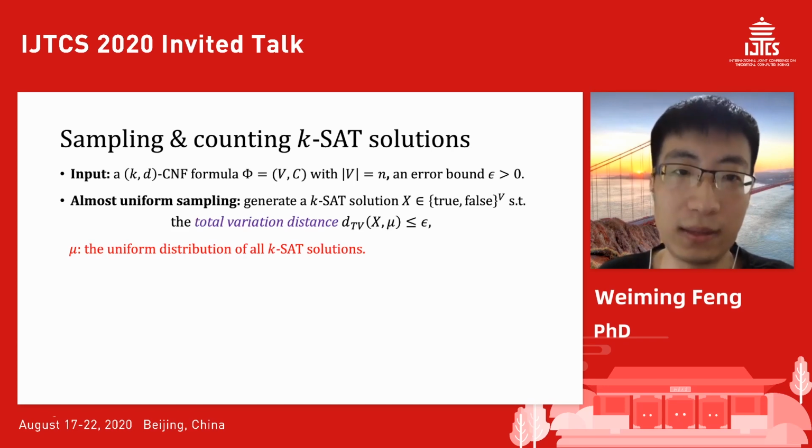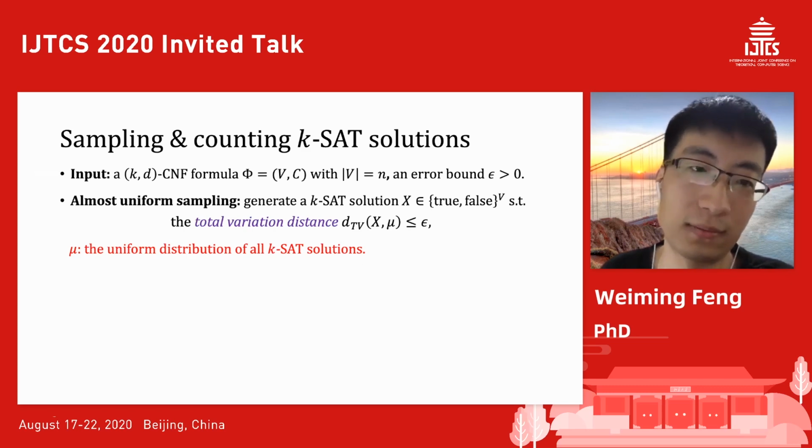The input is a CNF formula phi. When sampling, the algorithm needs to draw a random solution that is almost uniformly distributed over all SAT solutions. Specifically, we use mu to denote the uniform distribution over all KSAT solutions.